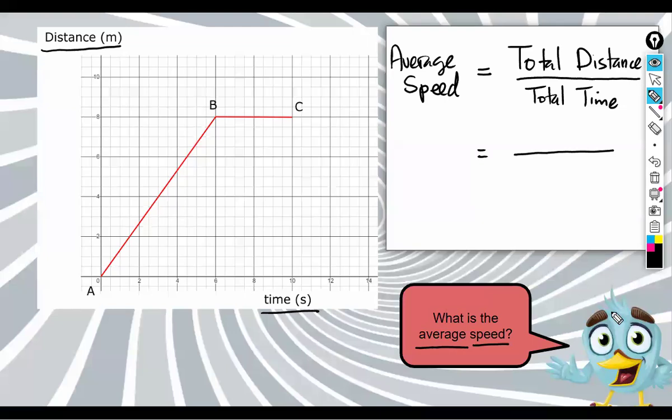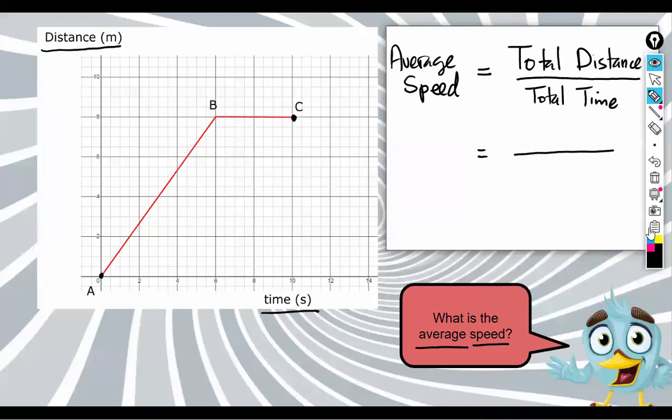Now, based on how we phrase that question, we have to assume he's talking about the whole graph, right? Because he didn't say, what's the average speed of AB or BC? He just said, the average speed. So we have to use a little bit of common sense and say, all right, he's referring to the whole graph. So he's referring from A all the way to the end of the graph, C, right?